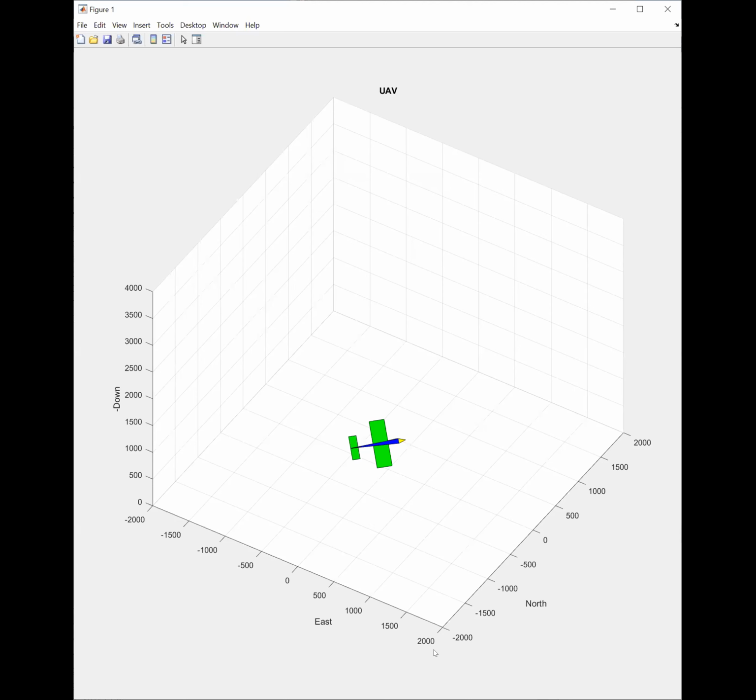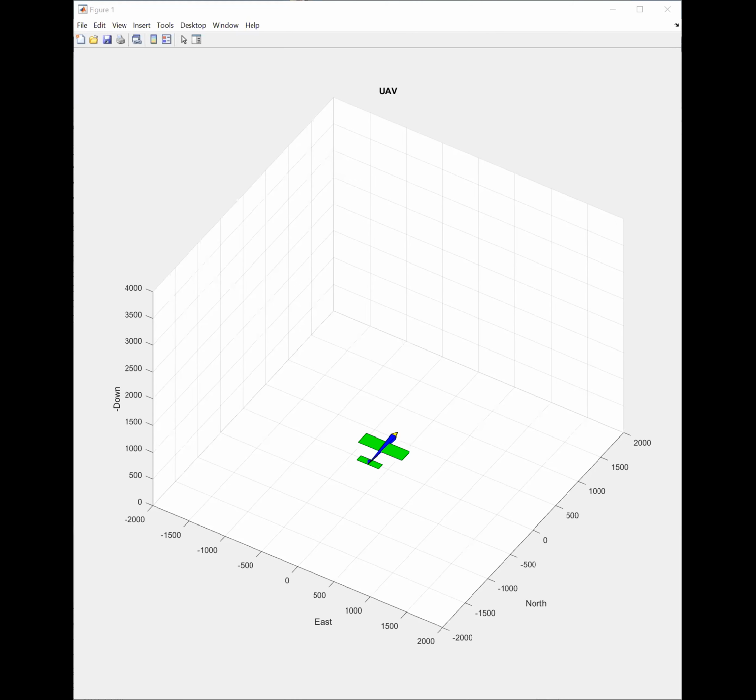Now go back to your code, change the roll angle to be 0 and yaw angle to be 0. So now you have an aircraft that is flying towards north, and you have east and down.